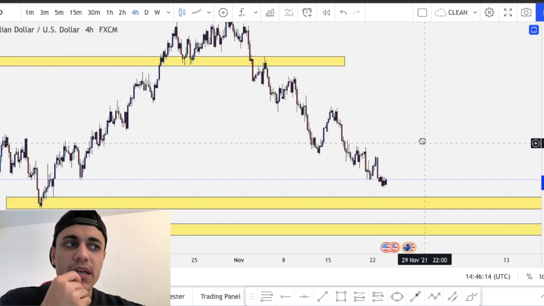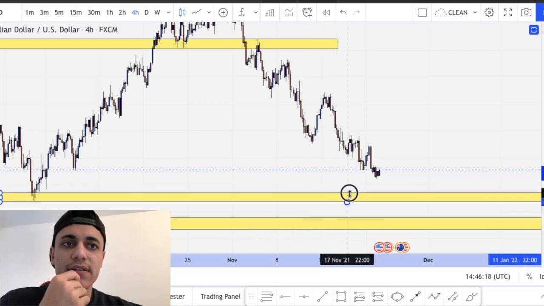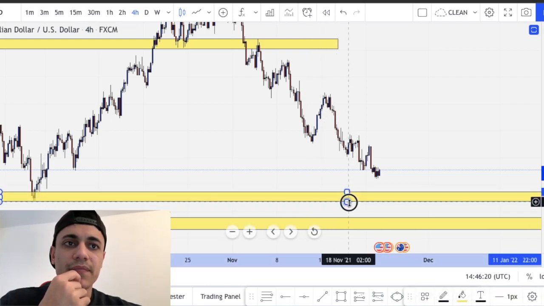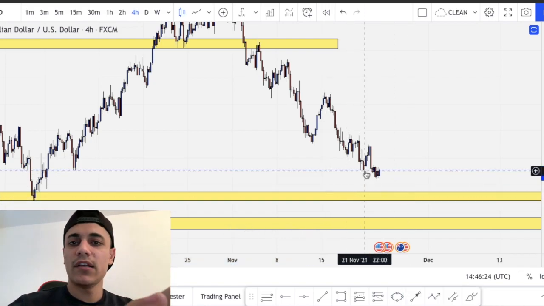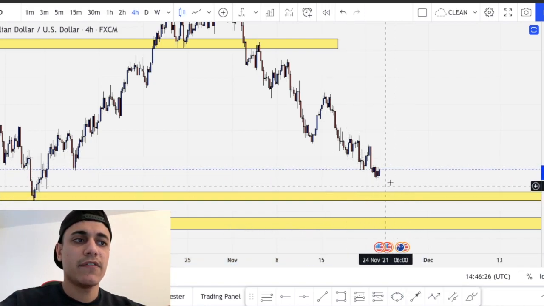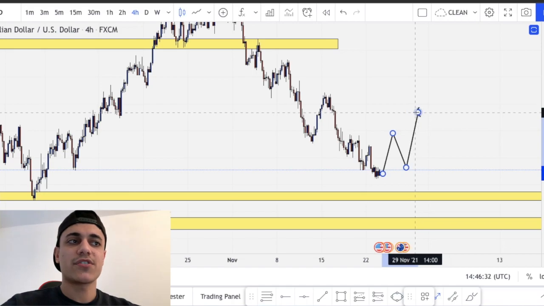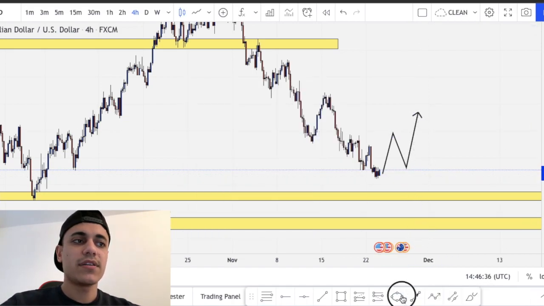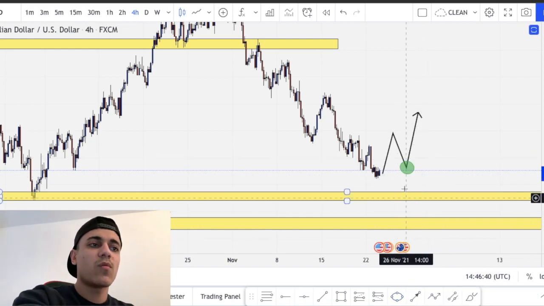So if this triangle that I drew here never gets broken, then this will be a higher low. If the market starts forming market structure to the upside, then that's when we look for buys down here, right? So now it's a waiting game.